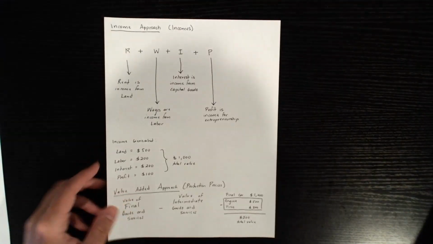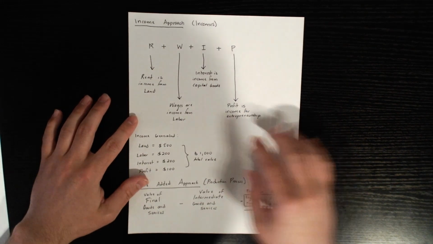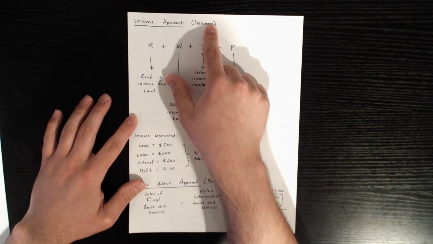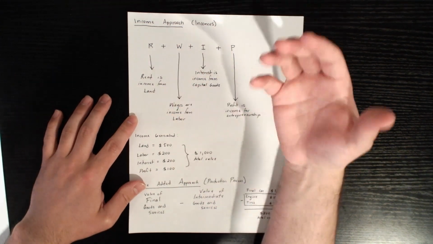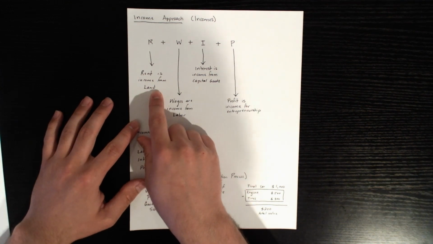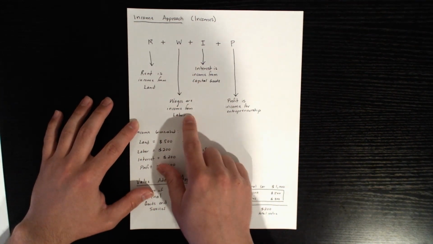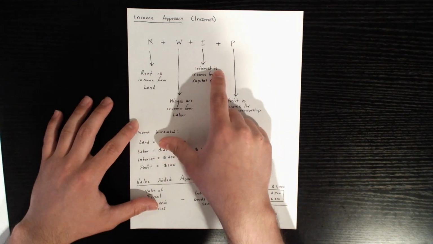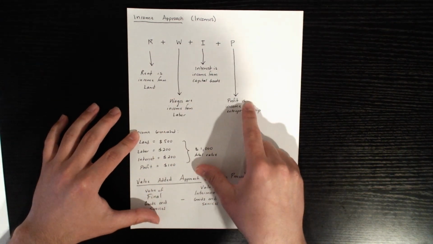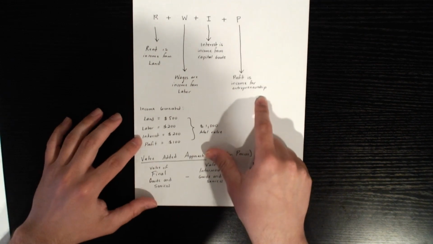Another way to calculate GDP or a different approach is called the income approach, which looks at people's incomes and all the different incomes from different resources. So we have rent, which is income from land, plus wages, which is income from labor, plus interest, which is income from capital, plus profit, which is income from entrepreneurship.